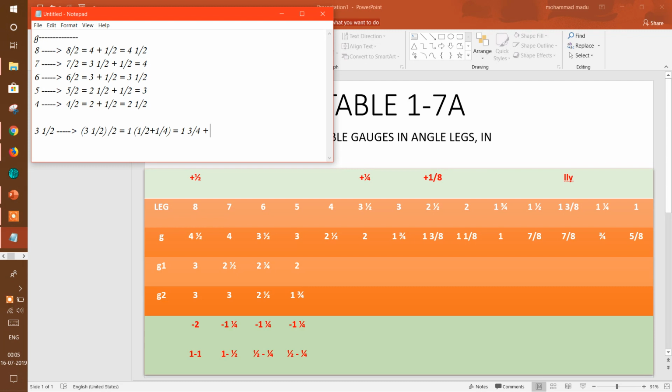Coming to this from 2 1/2, we get into 1/4 by 2, which means 1/8, like that. Similarly from 1/8, every value follows the same pattern.